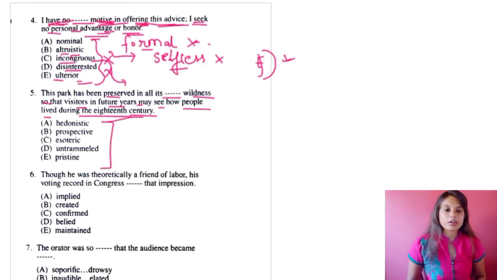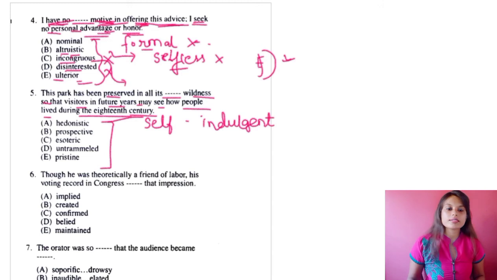If I say hedonistic means self-indulgent, all right. Self-indulgent, or you can say quite always thinking about his own self. So hedonistic won't go. This park has been preserved in all its hedonistic wildness. No, it won't go. I'm striking this out. Option A, wrong. Option B, prospective. Now prospective means kind of from your possibility or your potential.